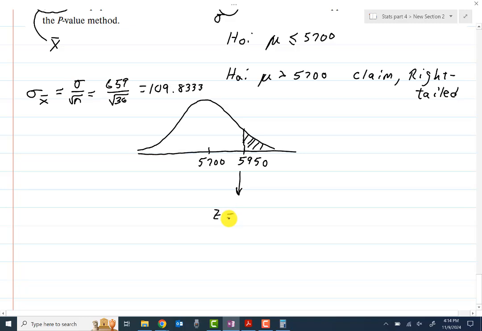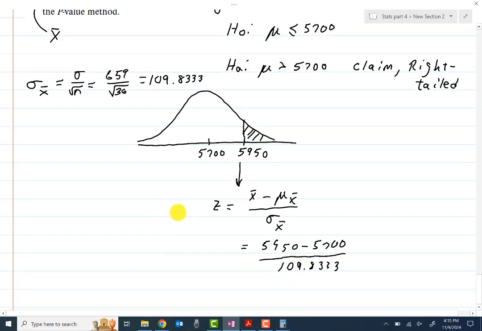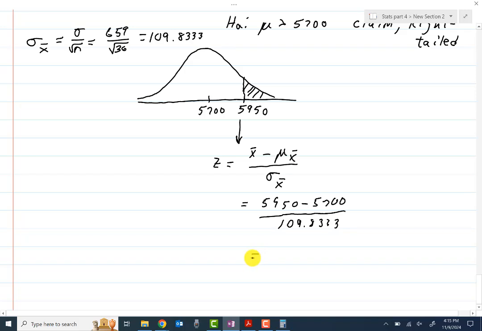I'll write down the formula again just to remind you. We take x bar minus mu sub x bar divided by sigma sub x bar. To 2 decimal places, I get 2.28.